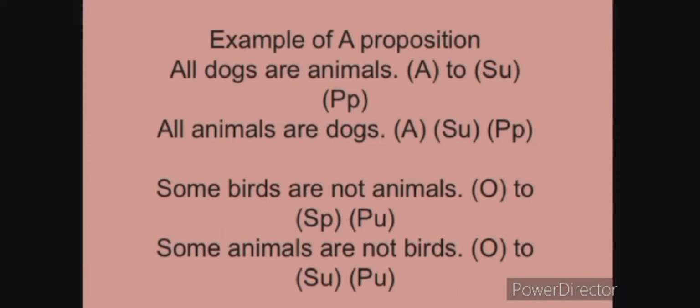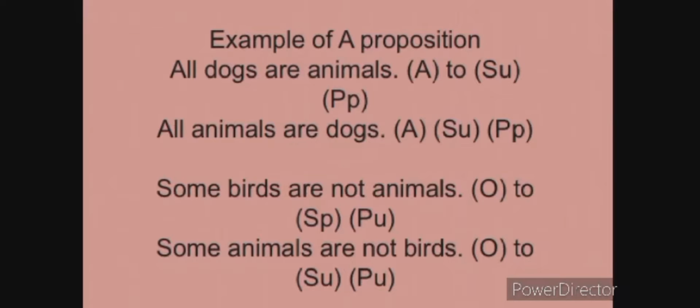So, moreover, just like the A proposition, the O proposition cannot be converted by simple conversion. Why? It is because if the universal predicate will be converted by simple conversion, it can result in a negative proposition. So, ang example naman dito ay, some birds are not animals.